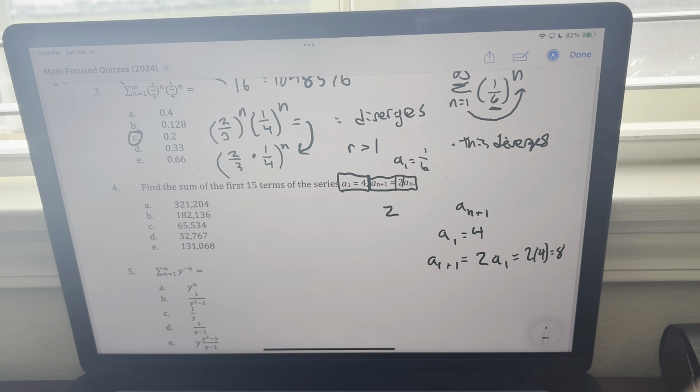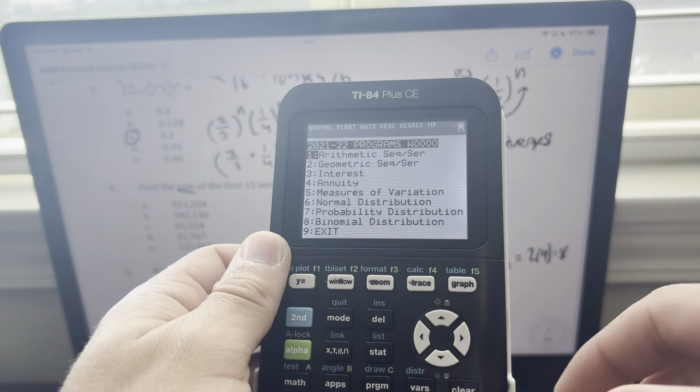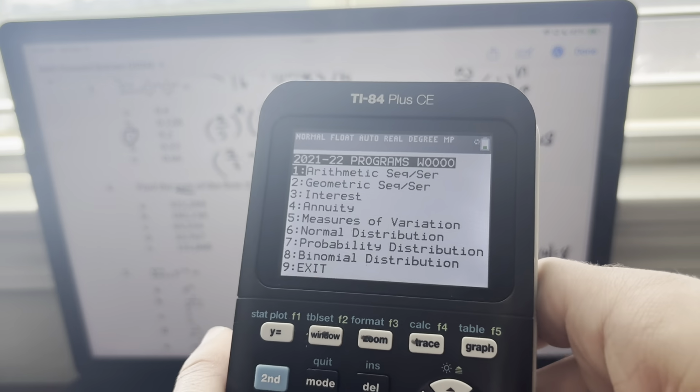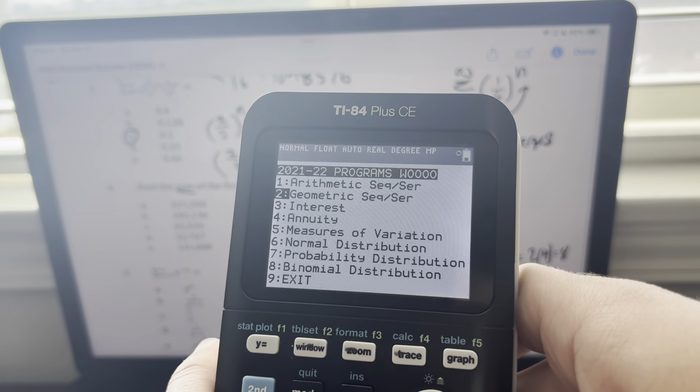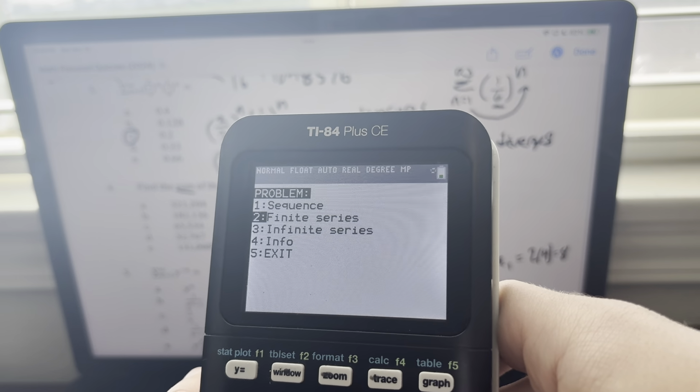So we need to find the sum of the first 15 terms. So we know this is a geometric series, since it's multiplying by itself, and we're adding up each term. So once again, we're back here in the programs. Hopefully you remember how to get to them. You're going to do a geometric, and you're going to do a finite series.